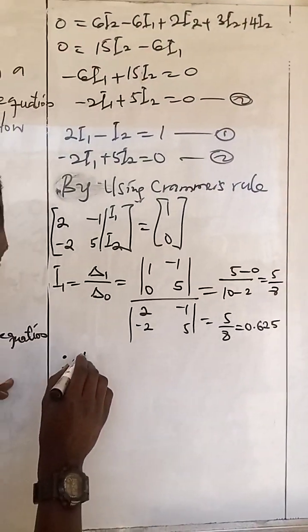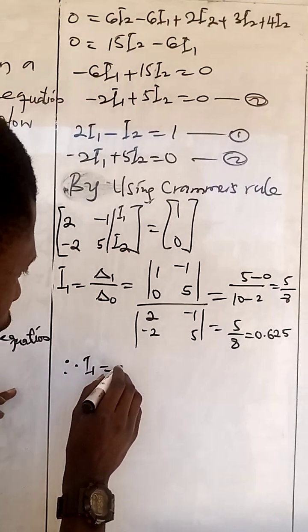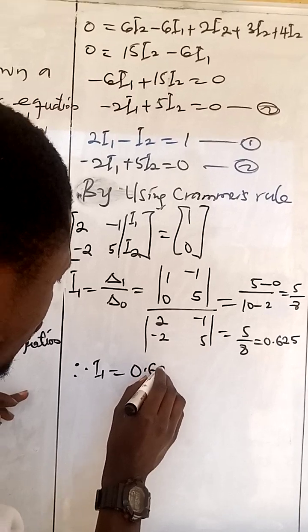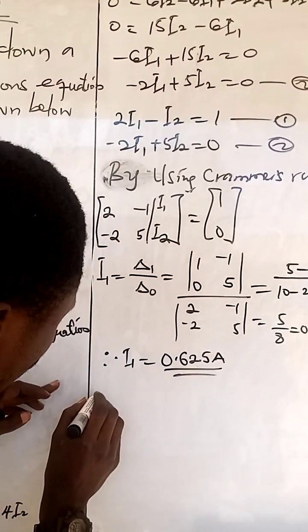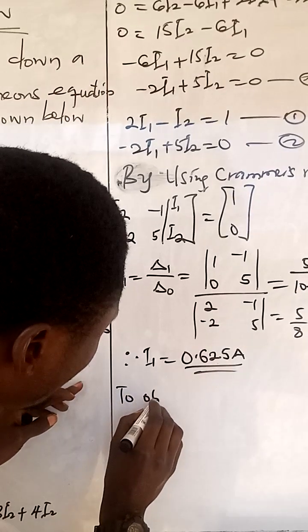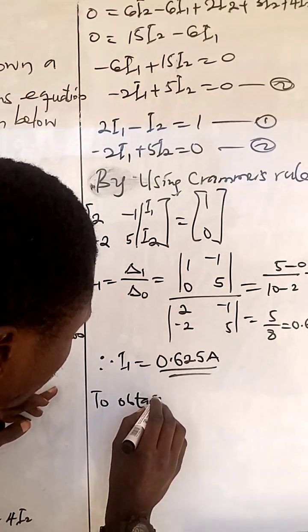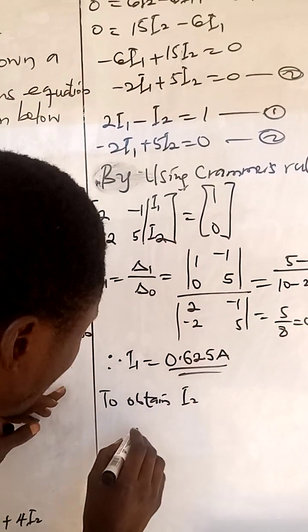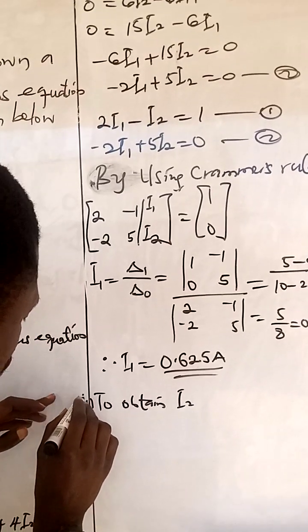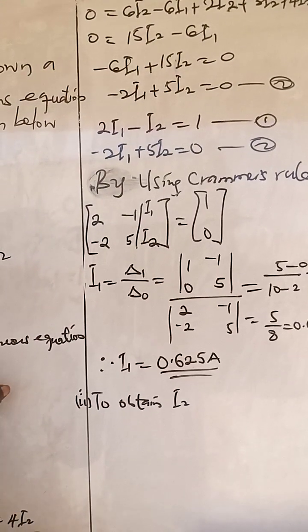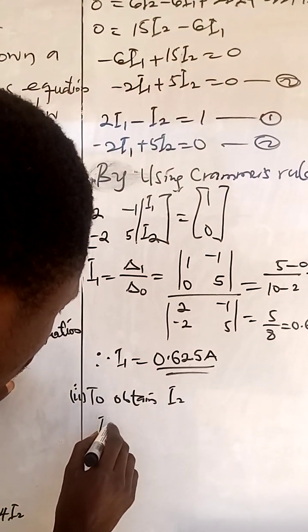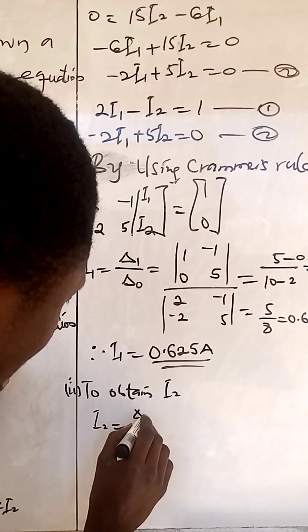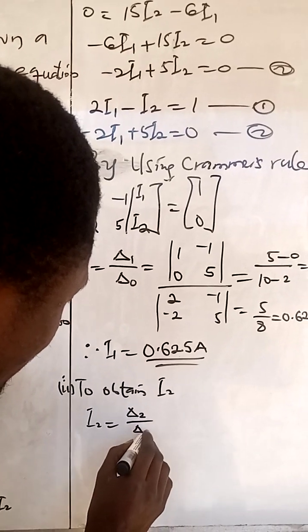Therefore, I1 equals 0.625 ampere. So, to obtain I2, which is our Roman figure 2, so from here, I2 equals change in delta 2 over change in delta 0.